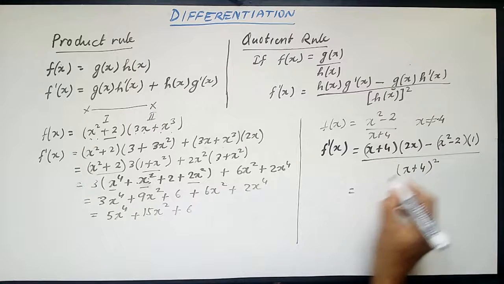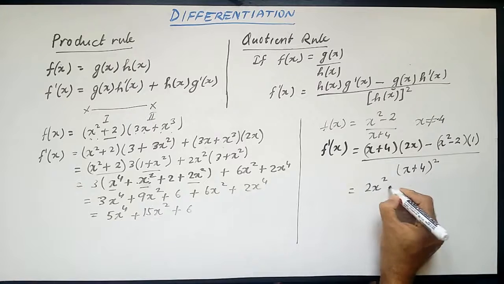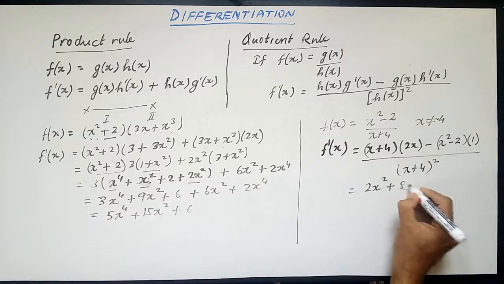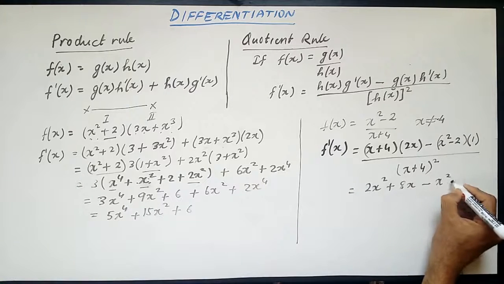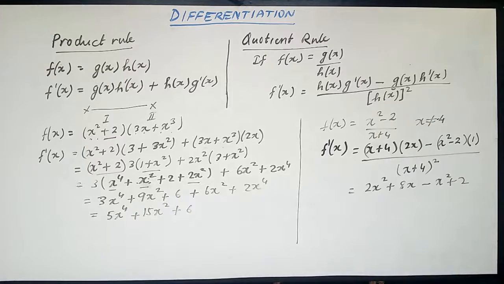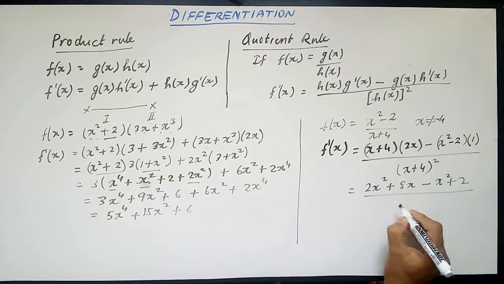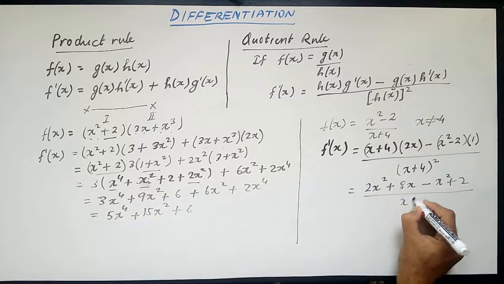You just have to resolve this: 2x squared plus 8x minus x squared plus 2, upon (x plus 4) whole squared.